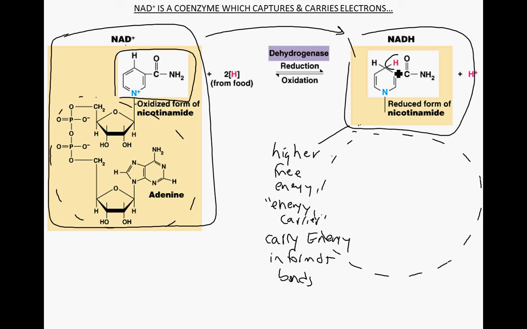Right here, this bond right there. These NADHs are then going to take this stored bond energy to electron transport and oxidative phosphorylation, later on. So in glycolysis, we make these NADH molecules, these intermediate energy carriers.